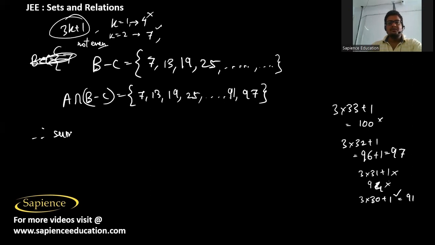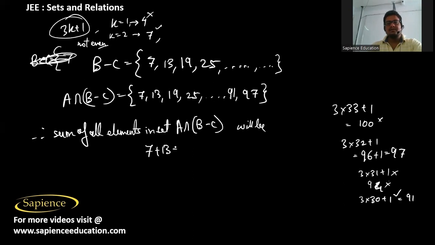So the sum of all the elements in the set A intersection B minus C will be 7 plus 13 plus 19 plus 25 plus and so on, 91 plus 97. Obviously it is an AP, since the common difference is 6 and the first term is 7.